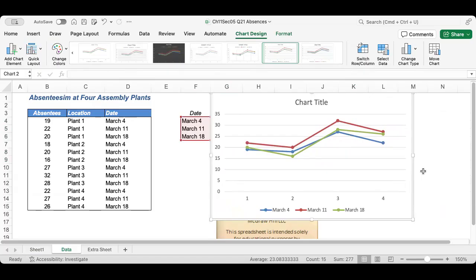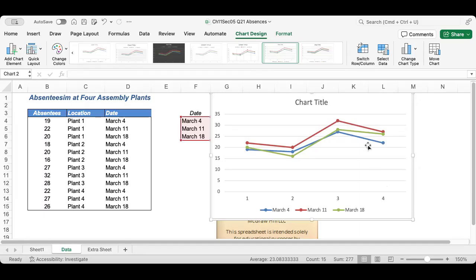The 4th is blue, the 11th is red, the 18th is green, and it's pretty clear that the red line is always higher than the other two at every one of these points. So regardless of which plant I'm at, absenteeism was higher on the 11th. That's a nice clear connection, isn't it?